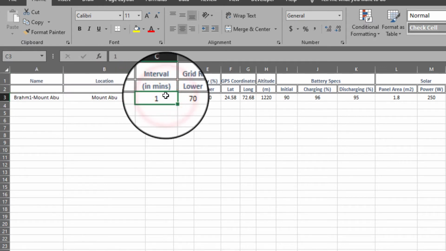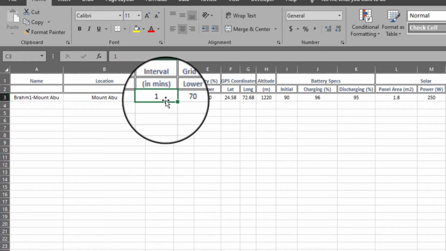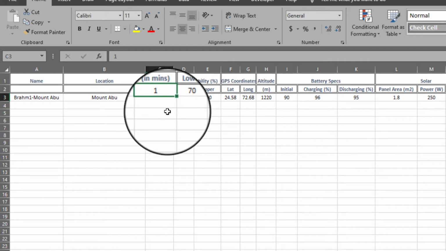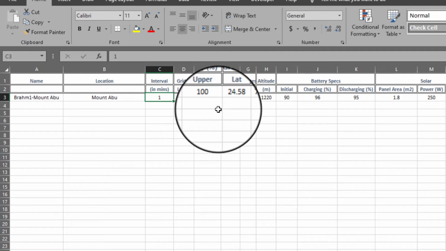If you're logging the data, you should know the interval. Most people use a 10-minute interval, and some higher resolution ones use 1 minute data. My data is recorded at 1 minute interval, so I am giving 1 minute. Grid reliability tells you how reliable the grid is.